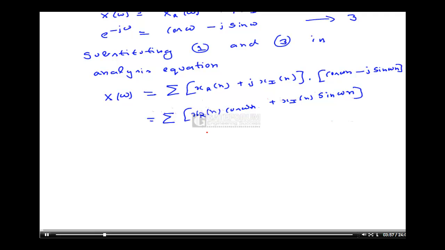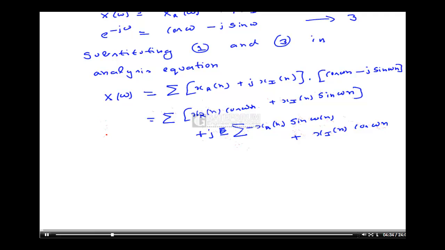This is the real part, plus j times the summation of x_r[n] sin omega n, this is minus, plus x_i[n] cos omega n. Okay. This will be the imaginary part.